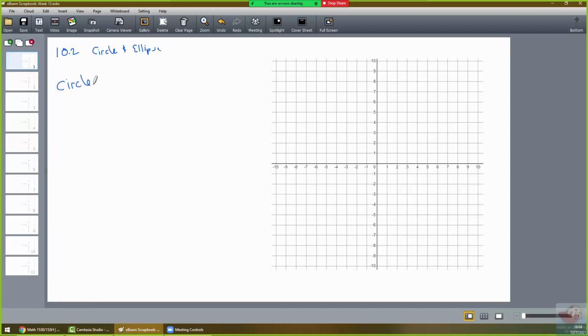Now, we're not going to dive into circles because it's really the exact same conversation we had in 1.1, but just as a refresher, remember a circle has the format (x minus h) squared plus (y minus k) squared equals r squared. So the center is (h, k) and the radius is r. So section 1.1, go back, watch the first video if you forget.